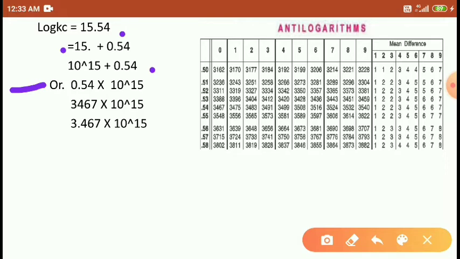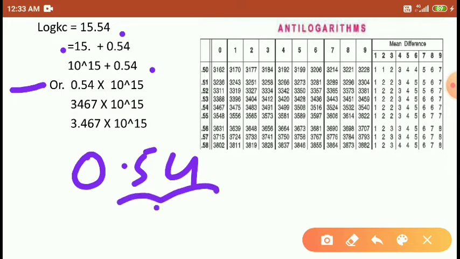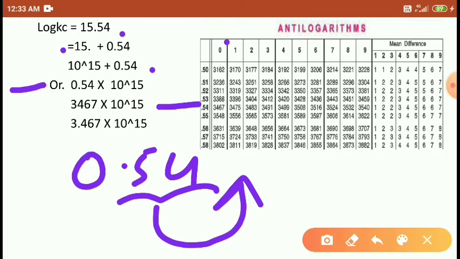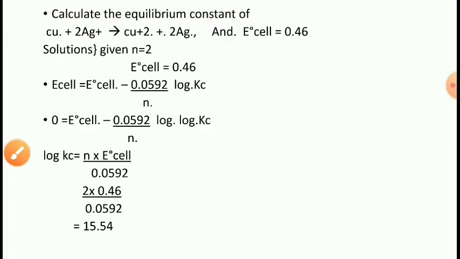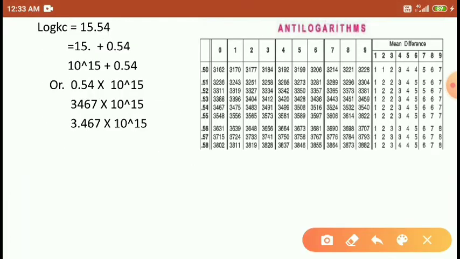So what do we have to do, students? Our value is 0.54. After 54 there is no digit, meaning 0. So in the antilog table we go to the 54 row and the 0 column, and that value is 3467.